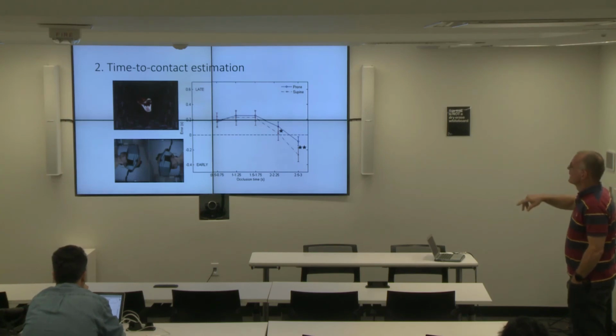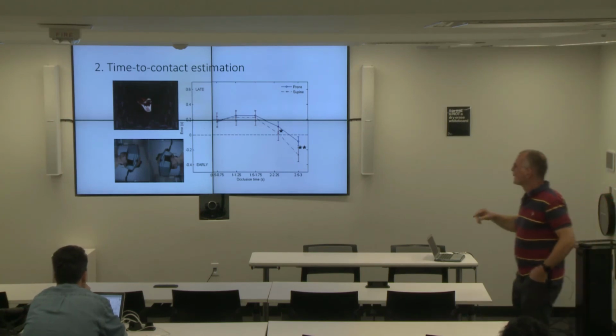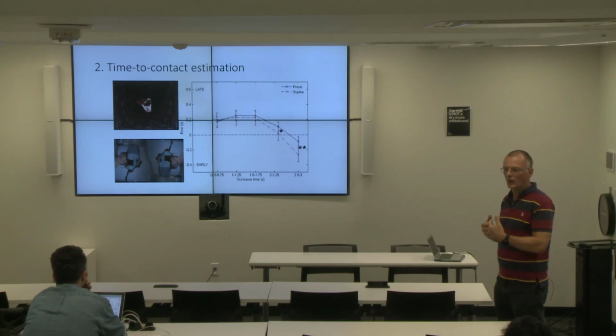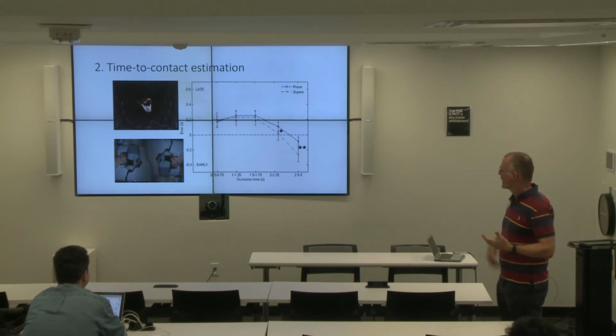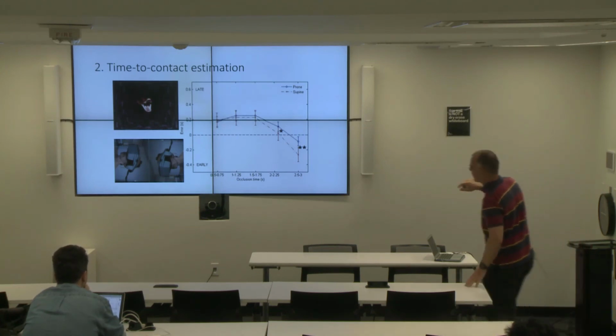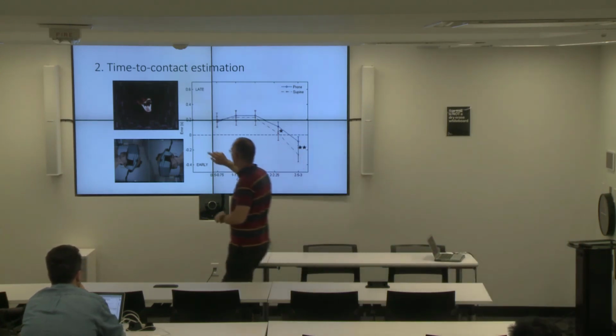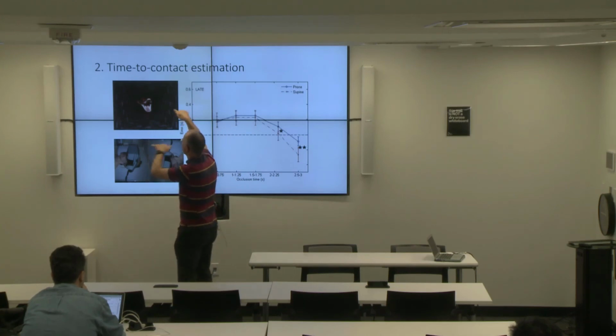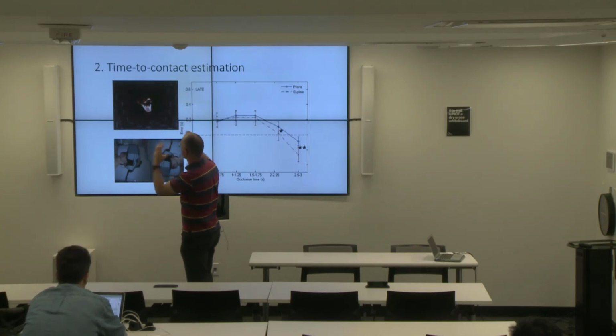Here's an experiment that I did to find out whether our perceived up and down influences very basic visual abilities like time to contact judgment. So here's what we presented people. This is a tunnel, the visual is not very good, but this was a head-mounted display.